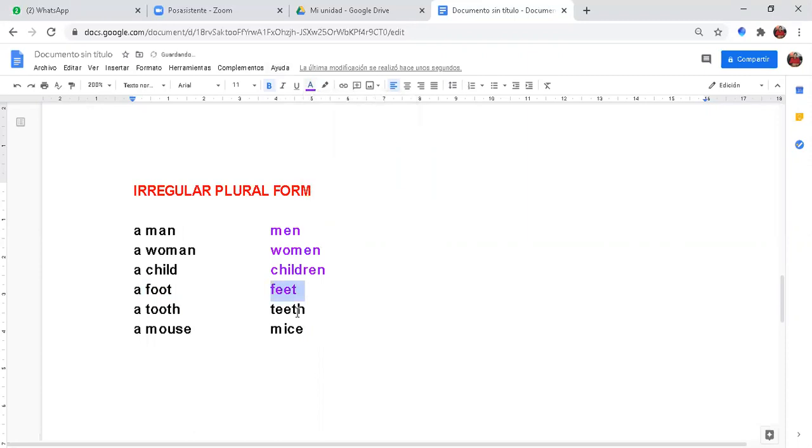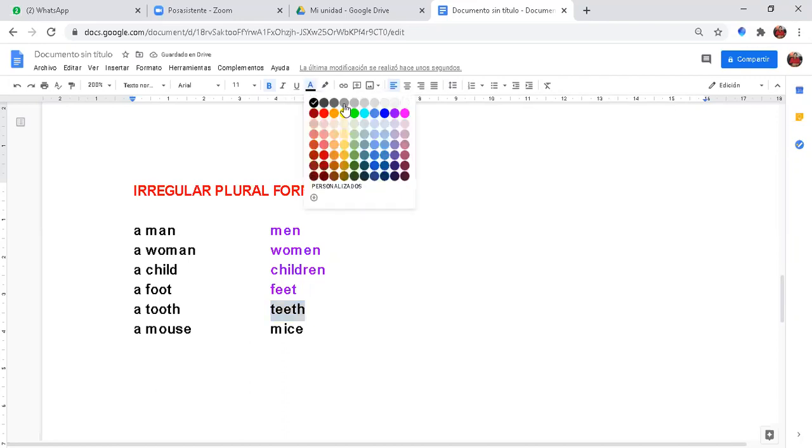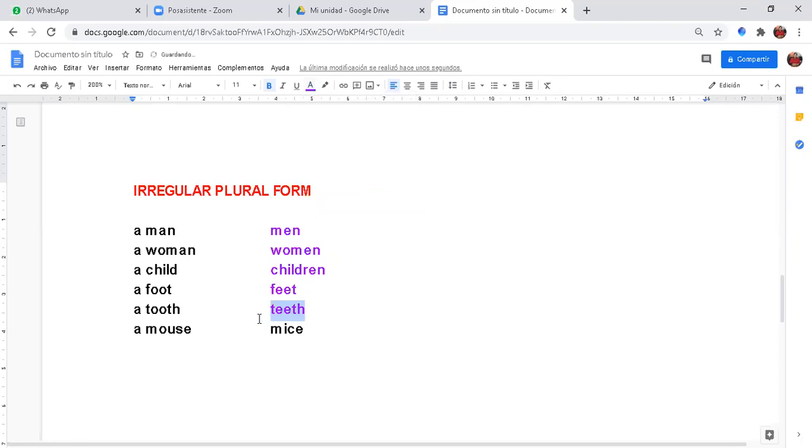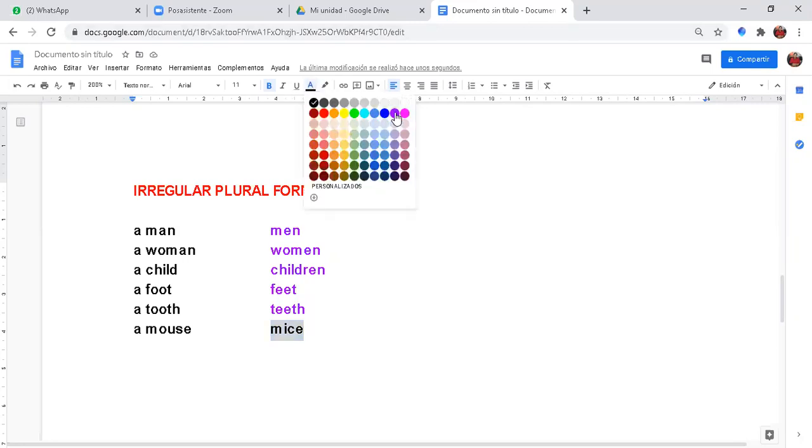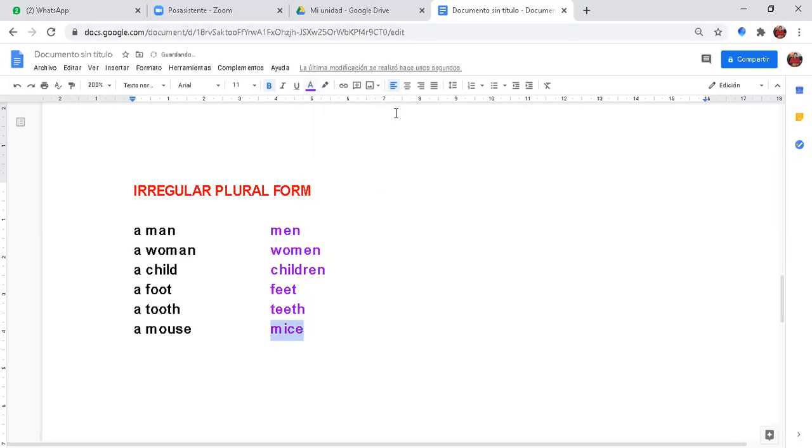Plural, feet. Tooth, Bluetooth. Singular, plural, tooth, teeth. Singular mouse, plural, mice.